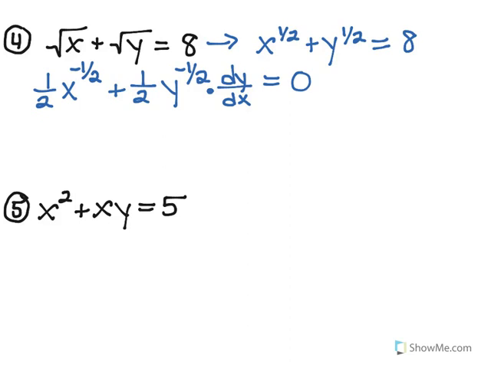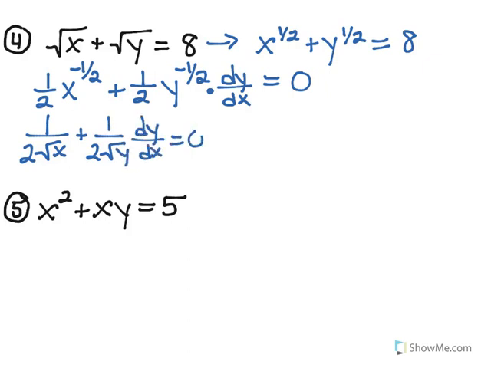Except it's not equal to 8 because I have to do the derivative of 8, which is 0. So it's really equal to 0. Now I can't leave negative exponents, so I'm going to write this as 1 over 2 square root x plus 1 over 2 square root y dy/dx is equal to 0. If you want to leave it as x to the 1/2 and y to the 1/2, that's fine too.